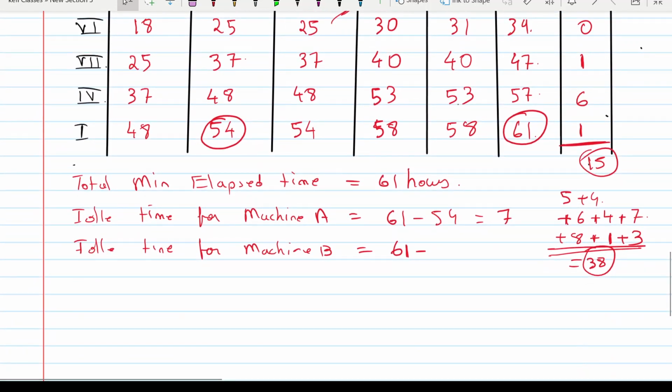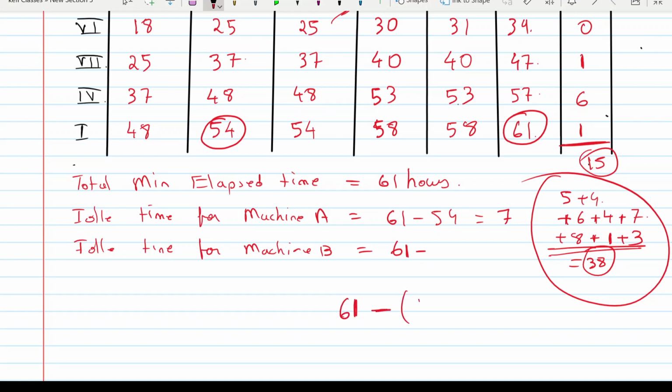This calculation that we did, ये जो calculation हम लोग ने किया, you can do it like this also. This calculation can be done like this also. 61 minus sum of values of b, sum of the time of b.